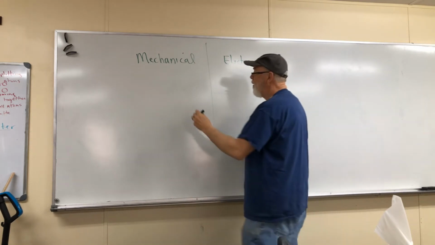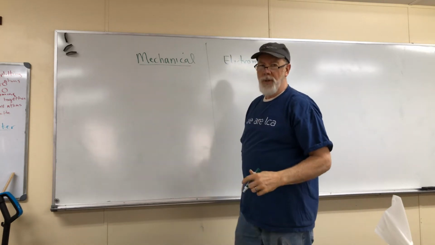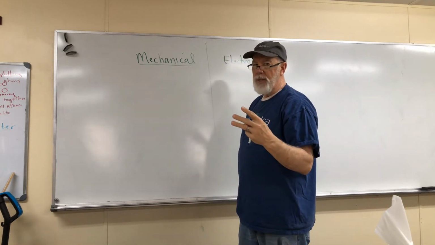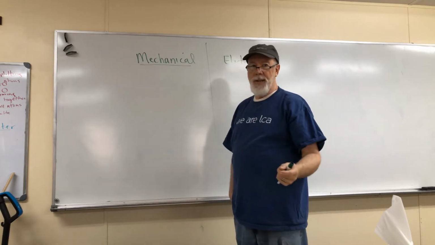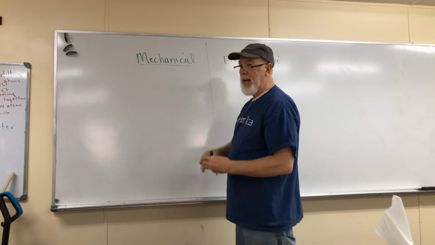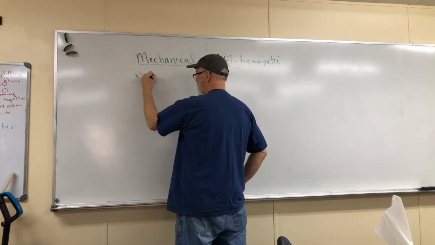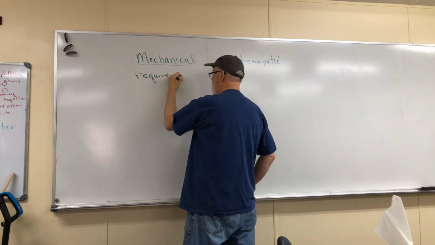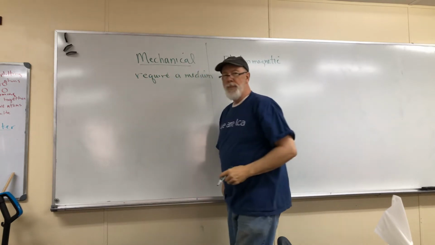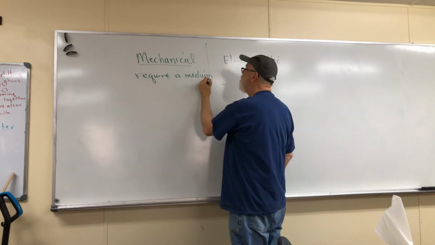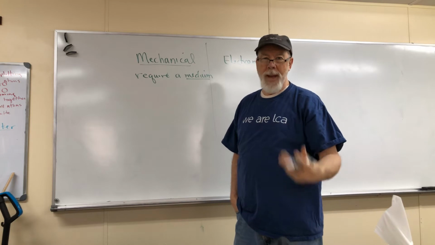Now, under the heading mechanical waves, there are three different kinds of waves that fit into that category. And the reason they fit into that category is because all mechanical waves require a medium. Now, we may have covered this before, but the term medium is a word that means a type of matter.